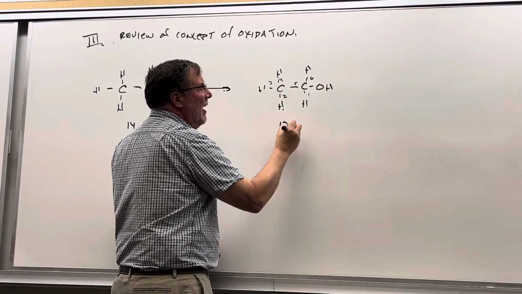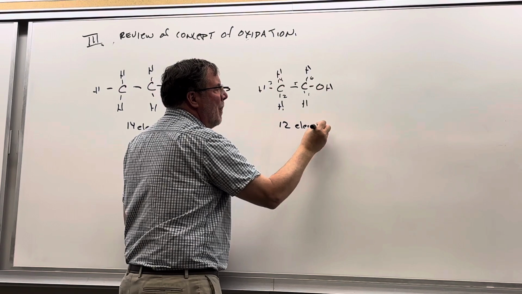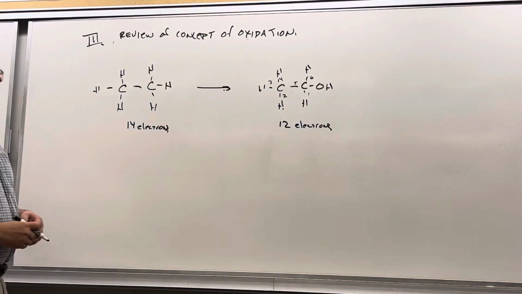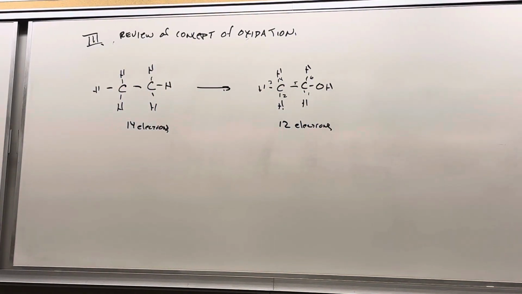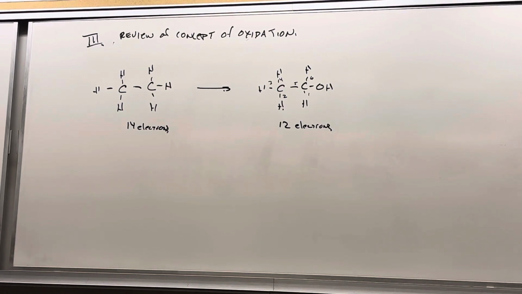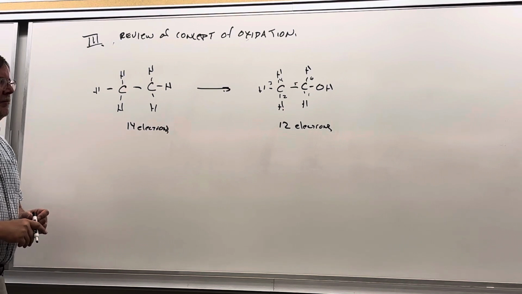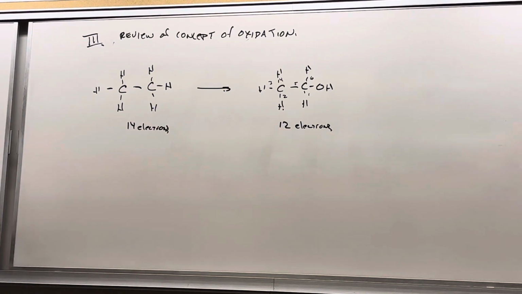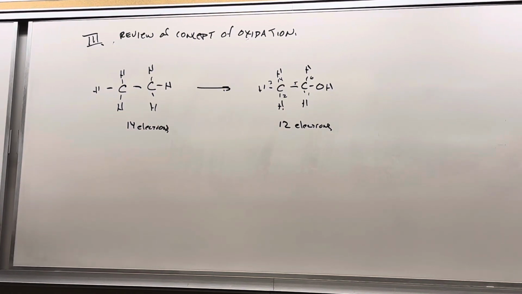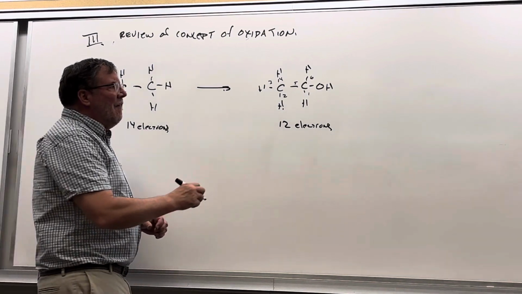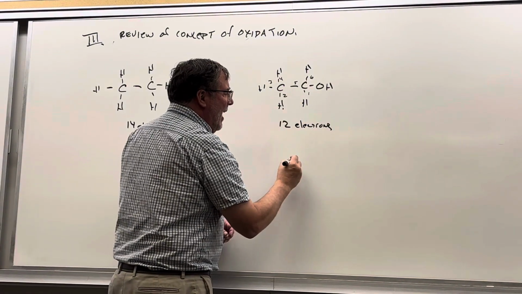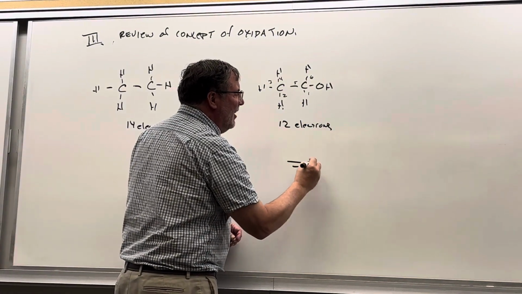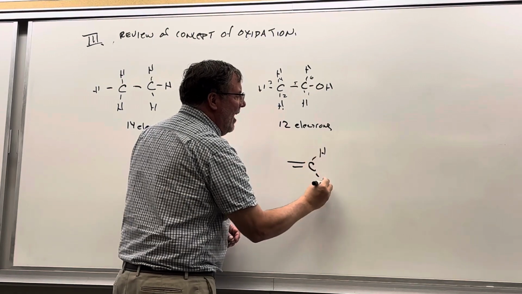So this basically has 12 electrons. So the carbon has essentially lost 2 electrons because the oxygen is hogging them in the carbon-oxygen bond. And this is just due to the electronegativity of oxygen. Exactly. And as a matter of fact, this alcohol has the same oxidation state as ethene.